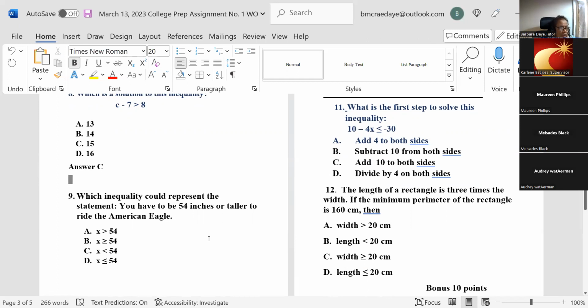What did you say, Mercedes? Oh, I have B for the answer. And that is correct. You had 9B. I think everybody had that one right. Because 54 inches or taller. So it's an equal or greater than. So answer B. Very good. Everybody had that one right.